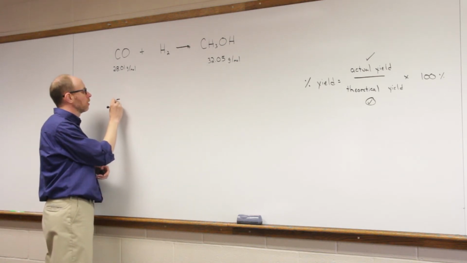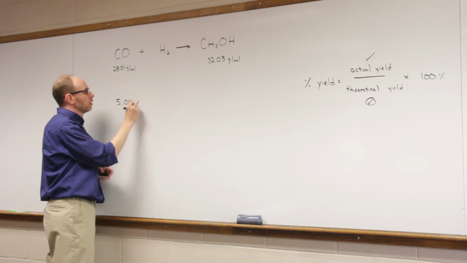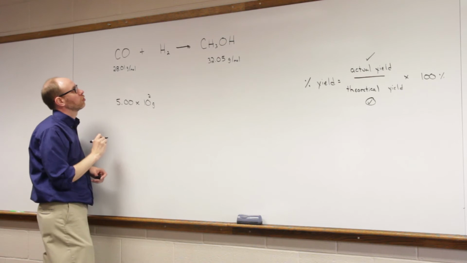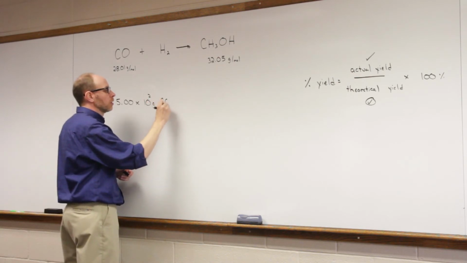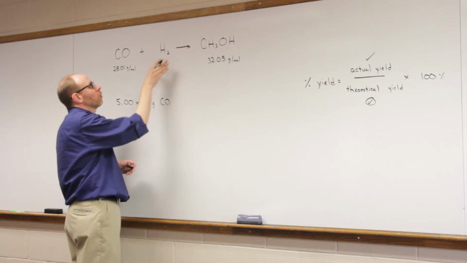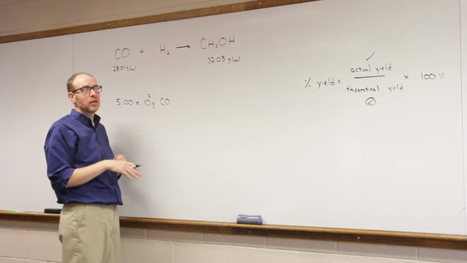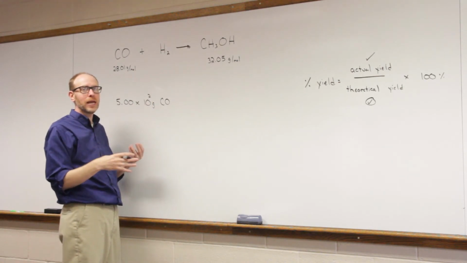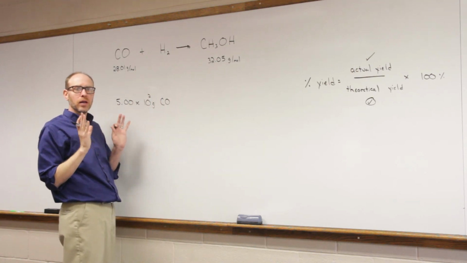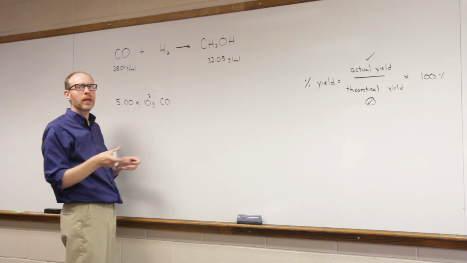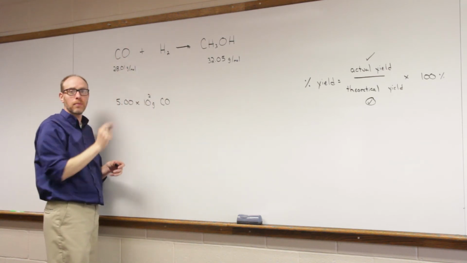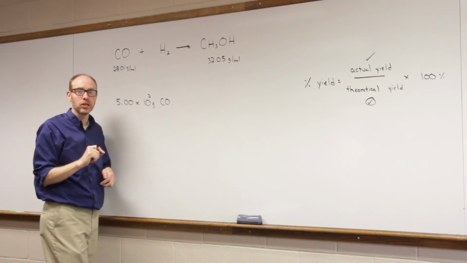And we've got our 500 grams of carbon monoxide, and we're reacting that with excess hydrogen gas. When we hear excess, that just means that we have so much of it that it's going to be left over when we get done. It will be the excess reagent. It's telling us that carbon monoxide is the limiting reagent.